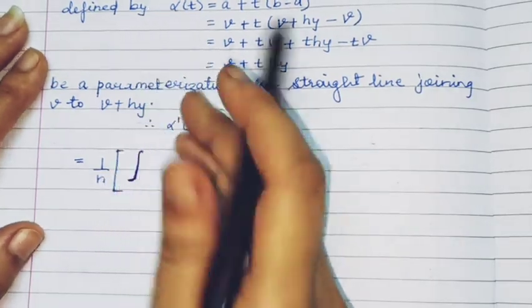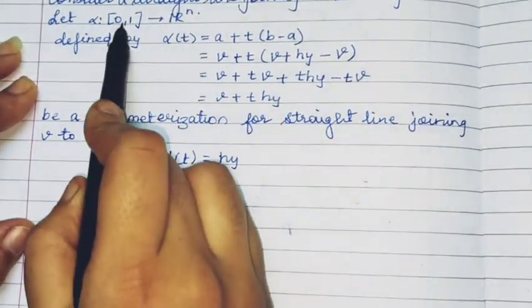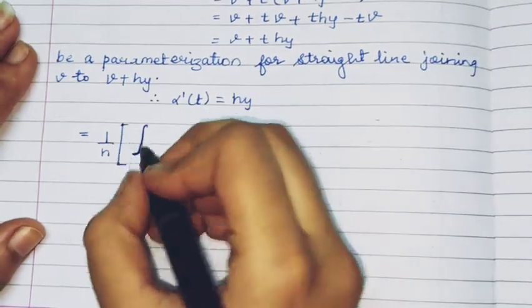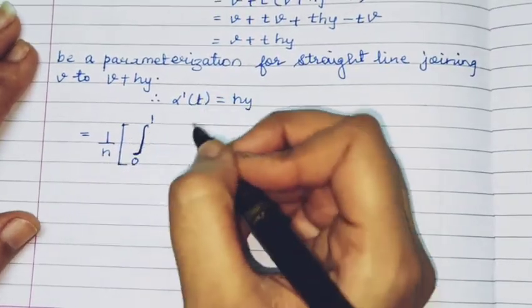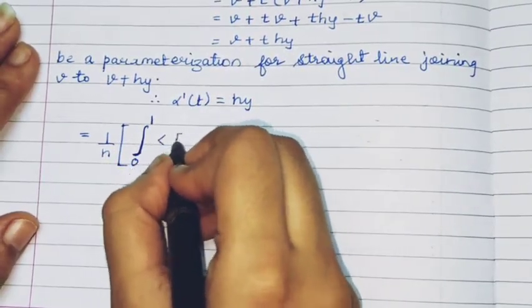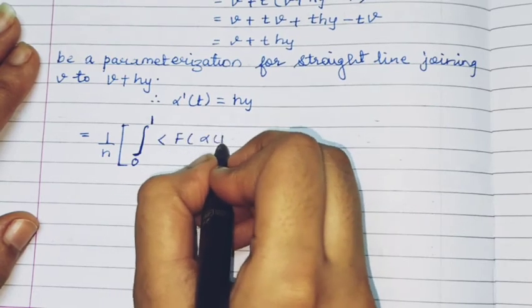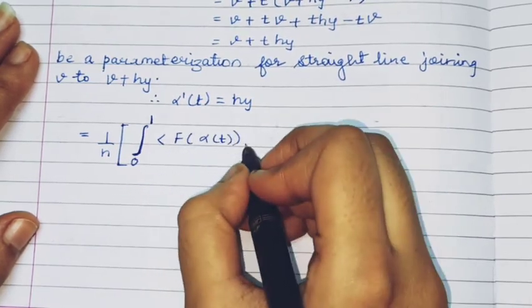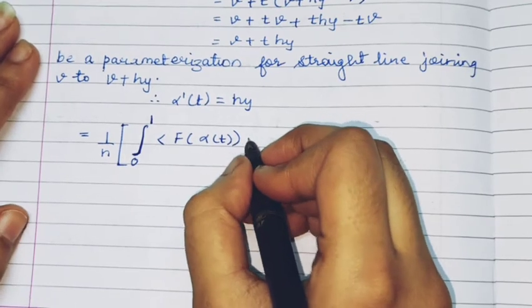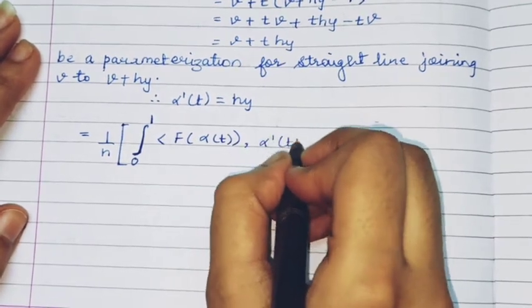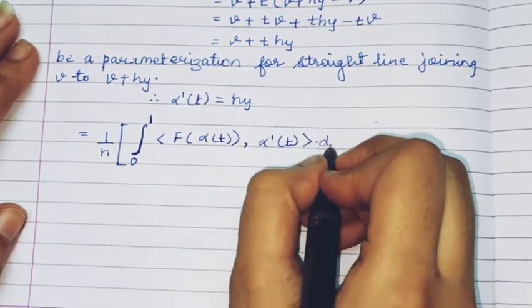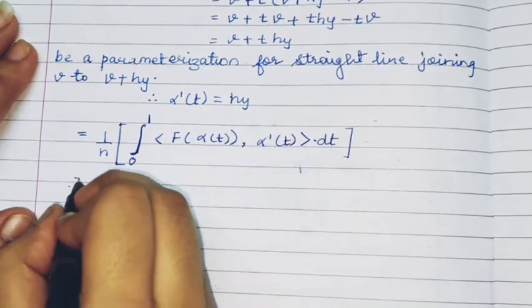So the domain is from 0 to 1. So the integration from 0 to 1 of the inner product F of alpha of t comma alpha dash of t dt, times 1 upon h.